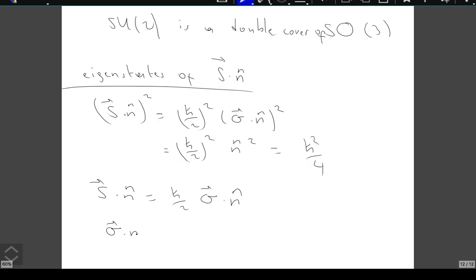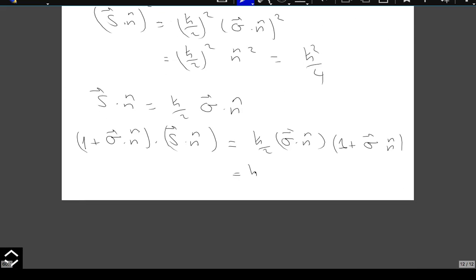If I multiply (1 plus sigma dot n) with S dot n, I obtain h bar over 2 sigma dot n times (1 plus sigma dot n). This is h bar over 2 times (sigma dot n plus sigma dot n squared), which is just h bar over 2 times (1 plus sigma dot n).